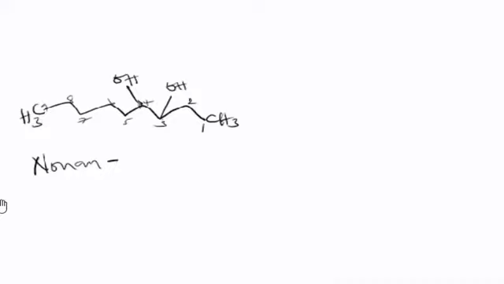Now this is at position 3 and 4. Then I'll add how many alcohol groups? Just 2. So I'll have diol. Assuming I had 3 of these, it would have been triol, and then 4 is tetraol, and so on. So this is how I'll simply name this compound. So let's go ahead and see the next rule.